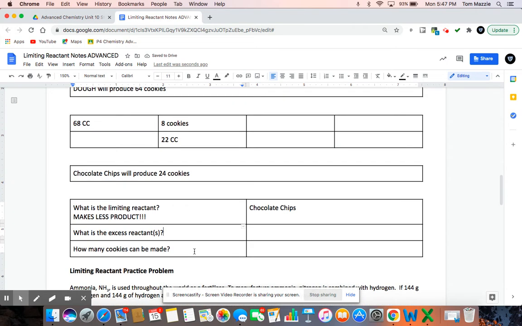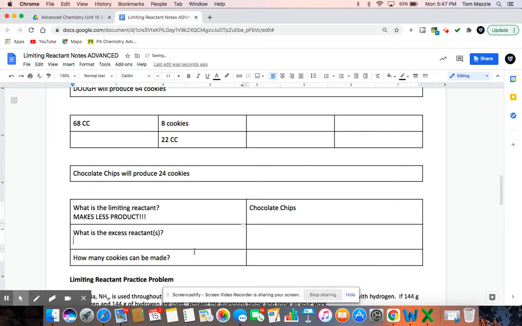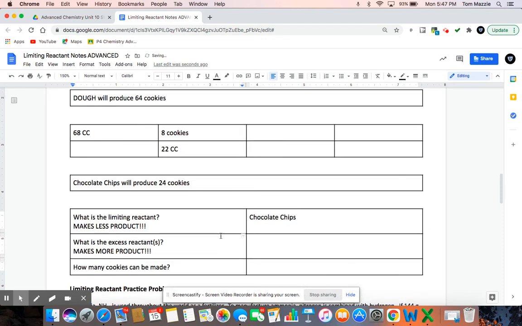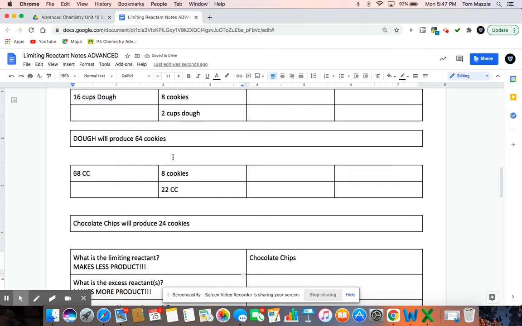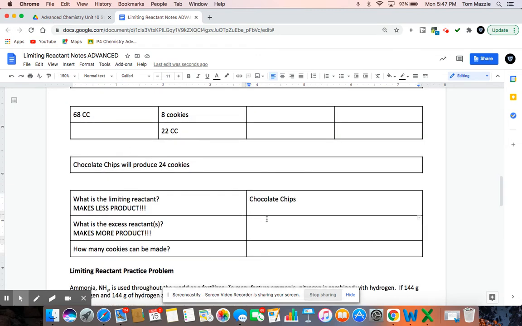The next question says, what is the excess reactant? The excess reactant makes more product. The dough produces 64 cookies, so we would say that the dough is the excess reactant.